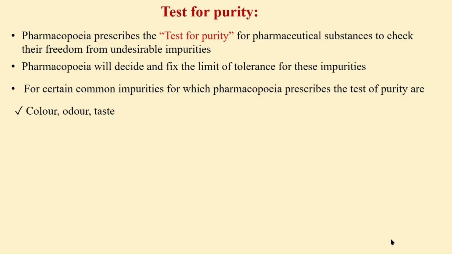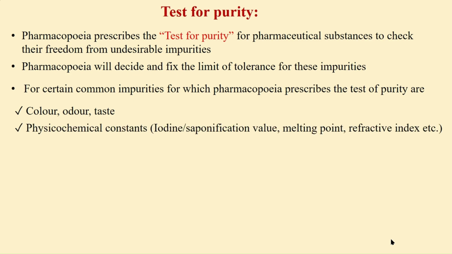This includes color, taste, and odor of the substance. It also prescribes the physico-chemical constants like iodine value, saponification value, melting point if it is a solid, boiling point if it is a liquid, refractive index, and so on and so forth.